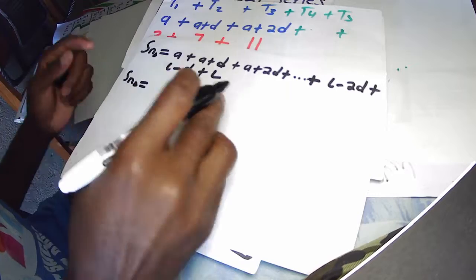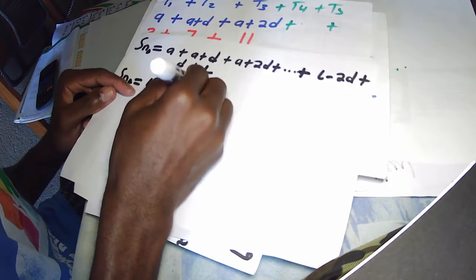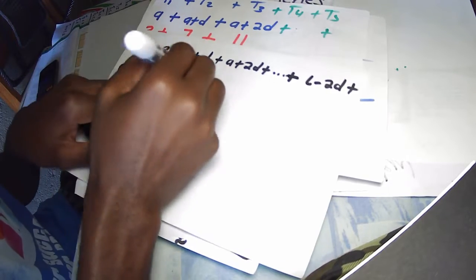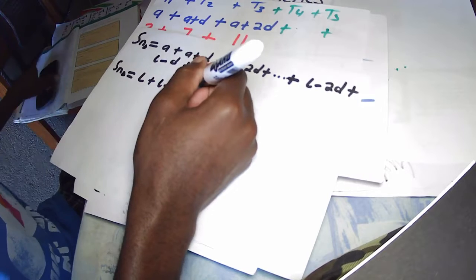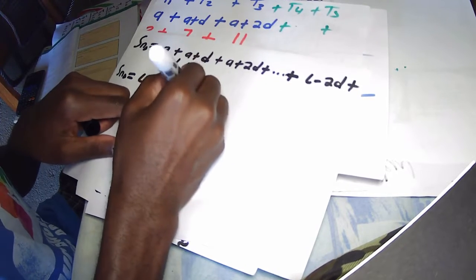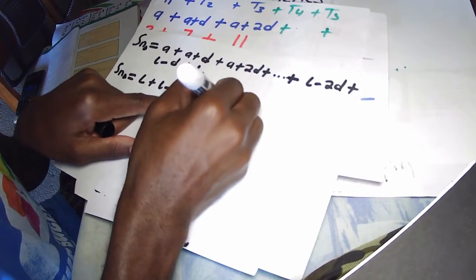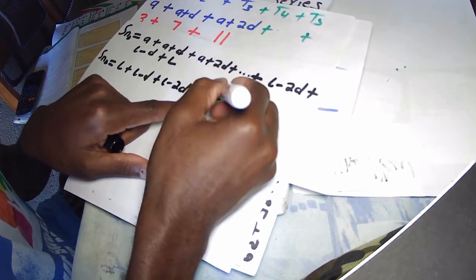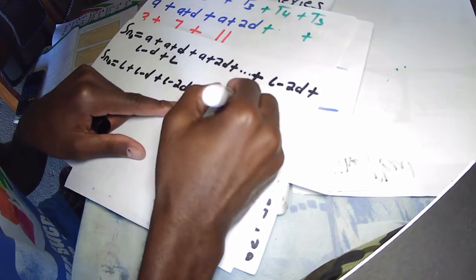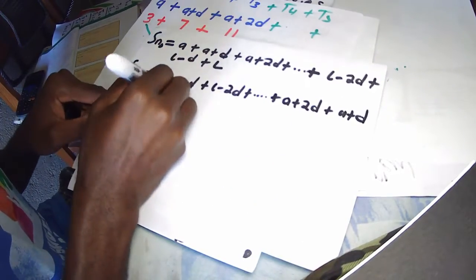Let me just say Sn is equal to, so we take the reverse, that is L plus (L minus d), plus (L minus 2d), plus some terms in between, then plus (a plus 2d), plus (a plus d), plus a.